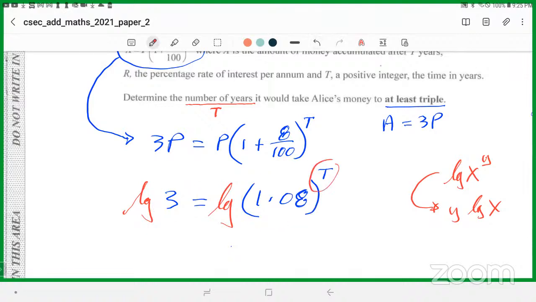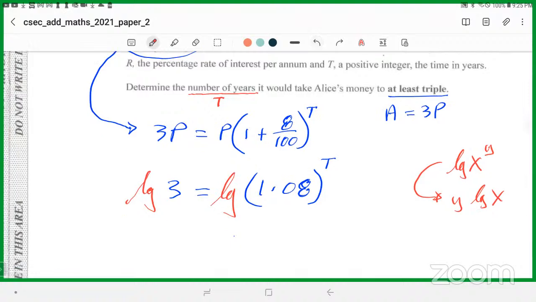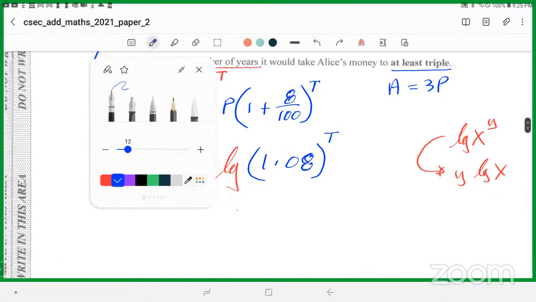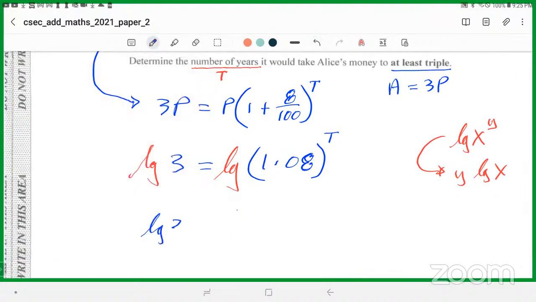Then this t can come to the front, using this law. So I end up having that the log of 3 is equal to t times the log of 1.08. The t has gone to the front and is now right here.